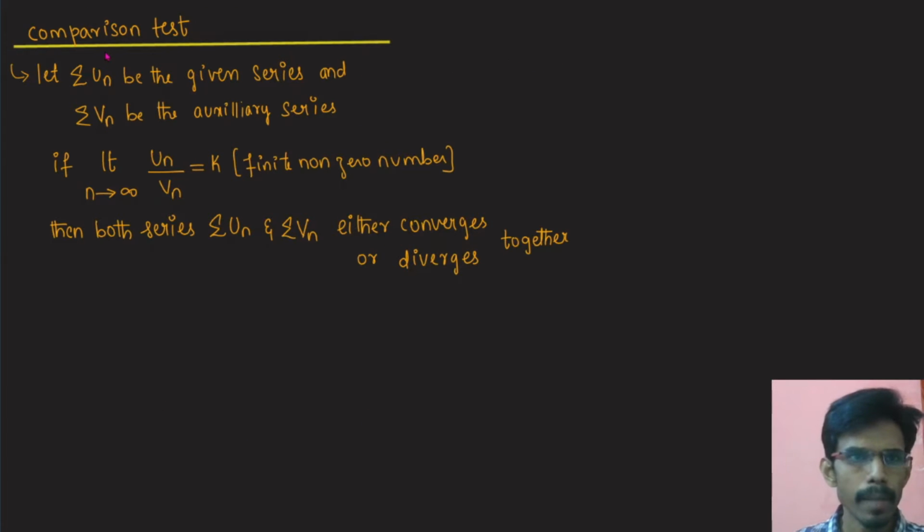Now let us study comparison test that will be helpful for us to say whether the given series converges or diverges. See here, let sigma un be the given series. Whatever the series given in the question, that will be taken as sigma un. Next, we assume Vn be the auxiliary series, or we say P series.